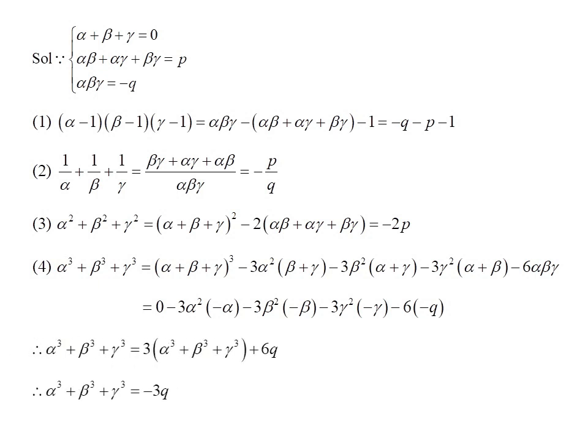After collecting the like terms and simplifying the expression using relations in the simultaneous equations, we have worked out the value of the sum of alpha cubed, beta cubed, and gamma cubed, which equals negative 3q.